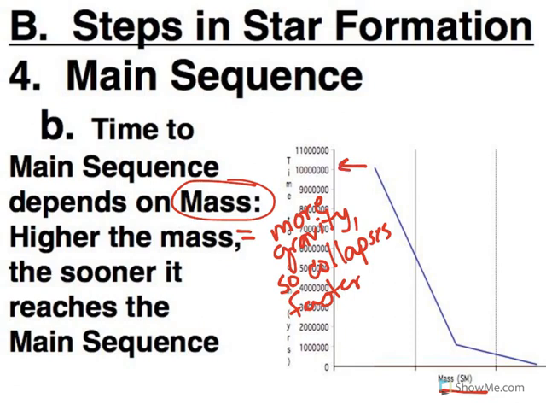So here we're looking at 10 million years to form, and then as your mass increases, that time scale drops pretty rapidly. So high mass stars, they're going to start forming and pop up on the main sequence very, very quickly. Low mass stars are going to take a very, very long time. But this entire process from that initial concentration of hydrogen up to the point of main sequence is the birthing process of a star.